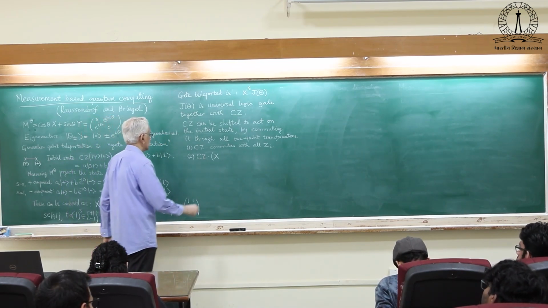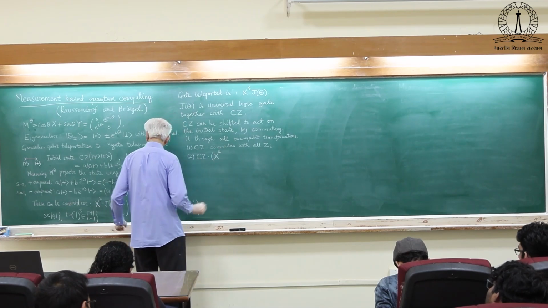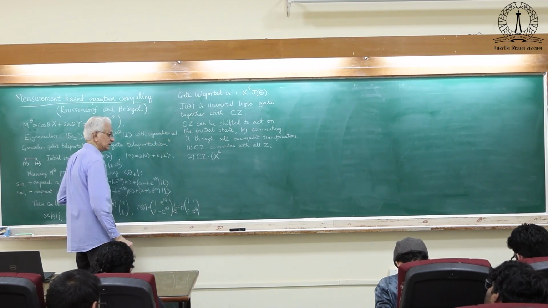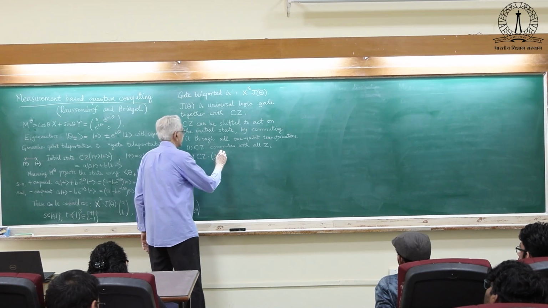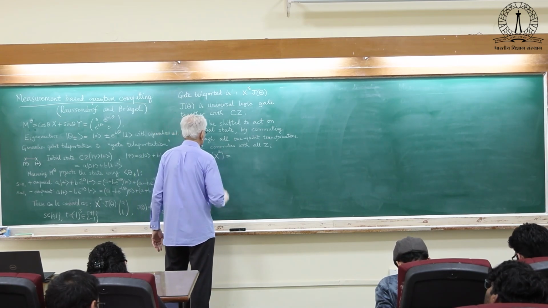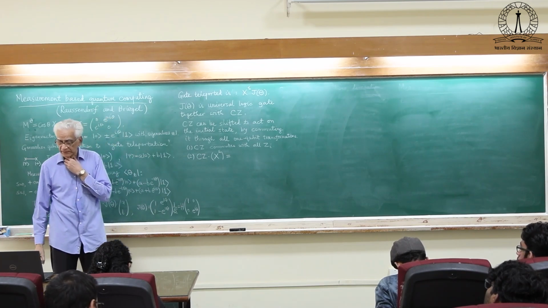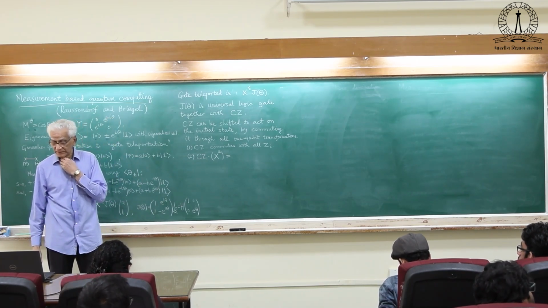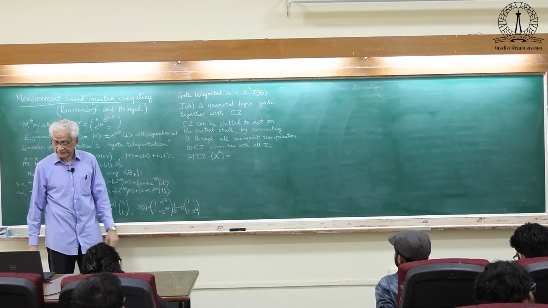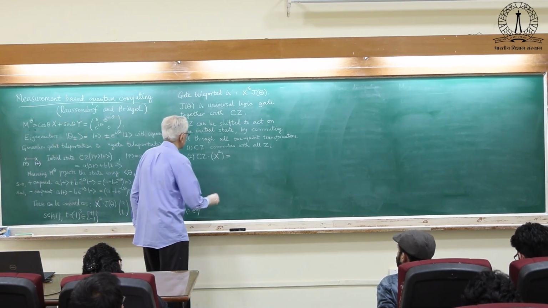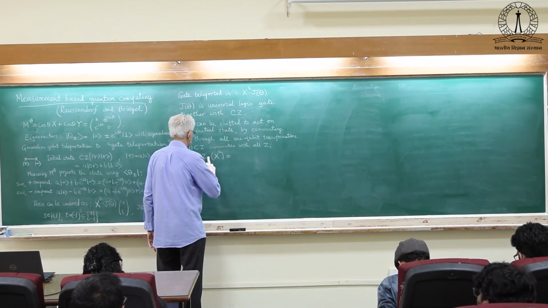It may have some power like this, X to the power s, and can I decompose it in a simple manner? The answer is yes, and I need to have these indices in a place.